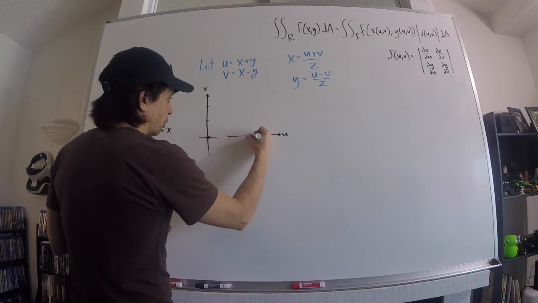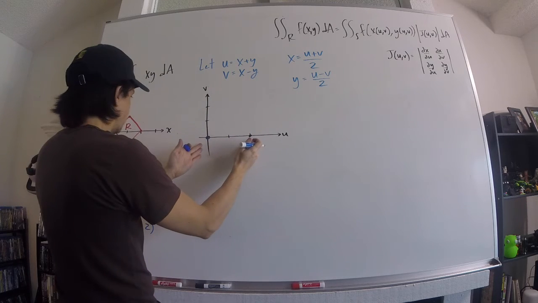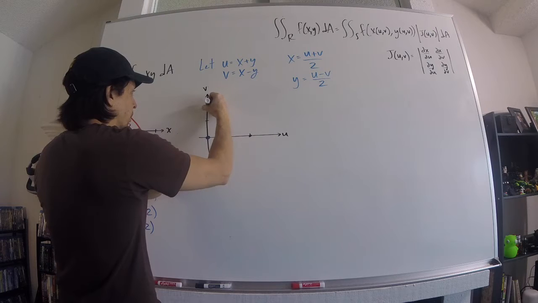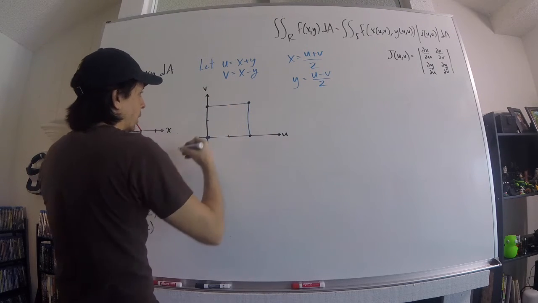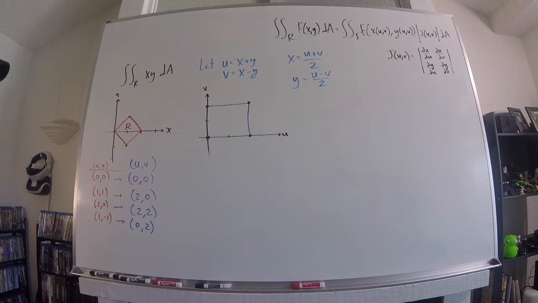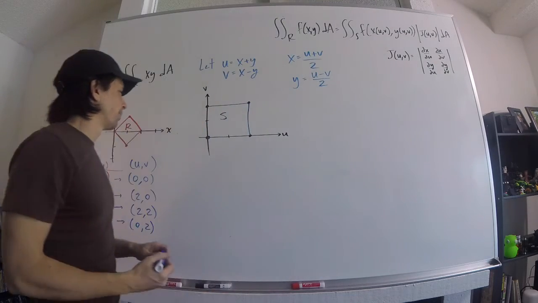My choice of variables reoriented it and stretched it a little bit because now it's got lengths of 2. So that's my new region. That's S in the formula there. That's an S, by the way.